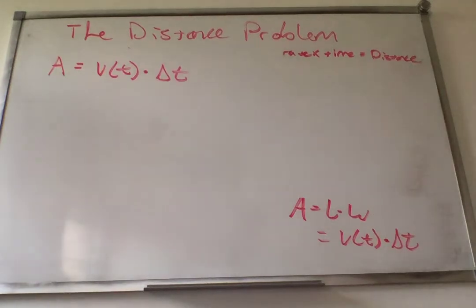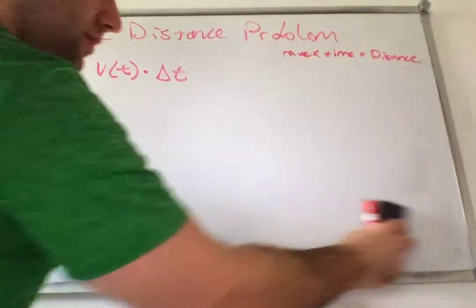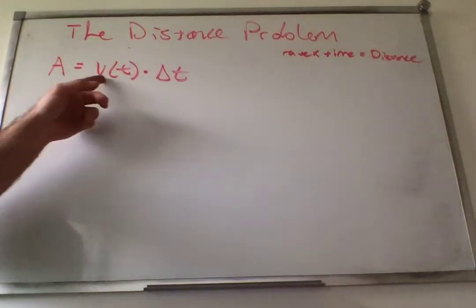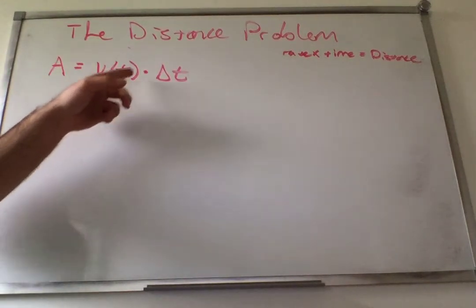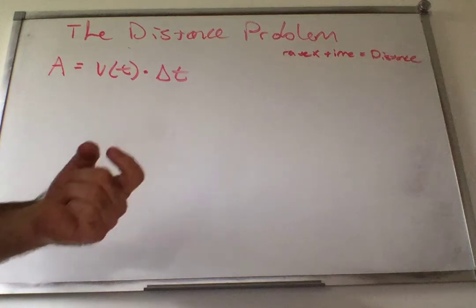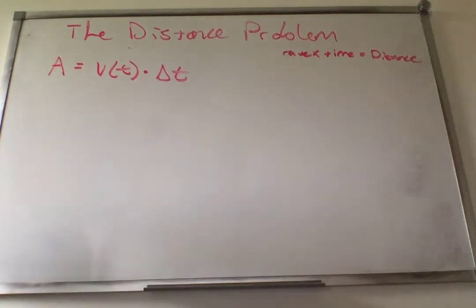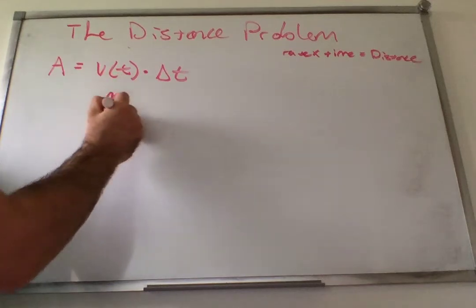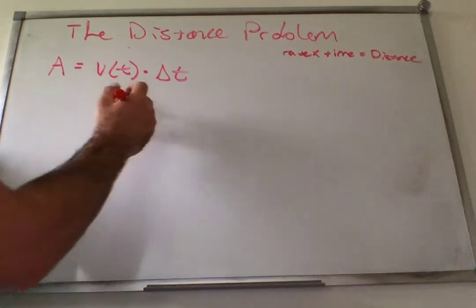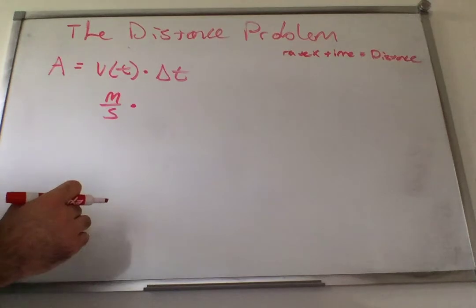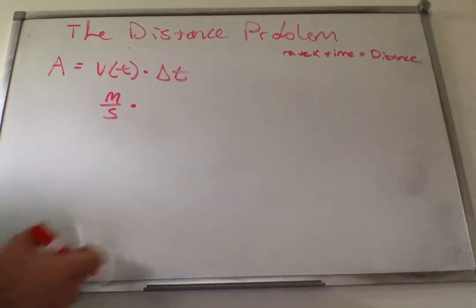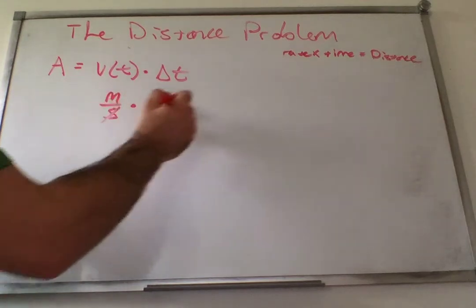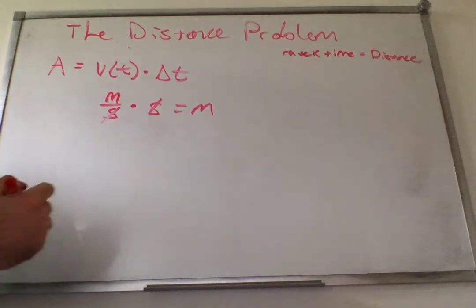For every single rectangle, it's some velocity times the time interval. Let's look at the units. This is in meters per second. It's a velocity. Delta t, well, that's a time. Delta is just the change in time, so it has units of seconds. Seconds cancel, and this equals meters.